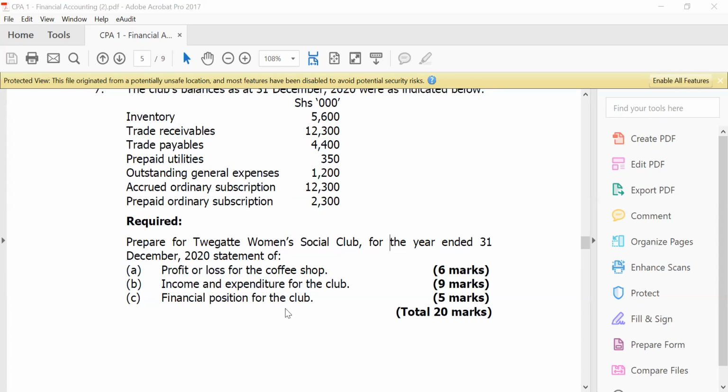The first thing we shall always do is calculate the profit coming from the coffee shop, because this profit is an income that is recognized under the income and expenditure for the club. So that is why we first draw the profit and loss to determine the profit coming from the profit venture, which is our coffee shop, and then we transfer this into the income and expenditure for the club. And then from there, we can draw up our statement of financial position.